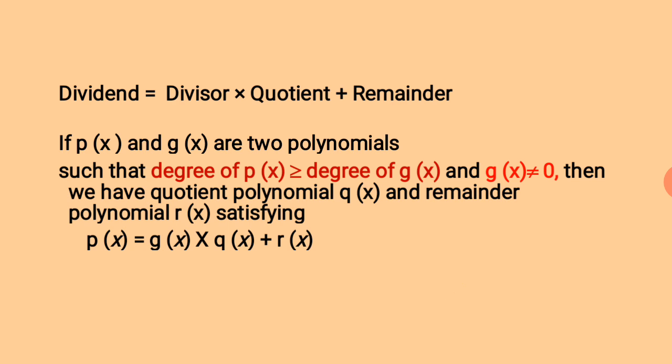That means the given polynomial is in x. P of x is our dividend, g of x is our divisor, q of x is the quotient and r of x is the remainder polynomial. All these are polynomials in x. So this is our usual statement written in a new way.